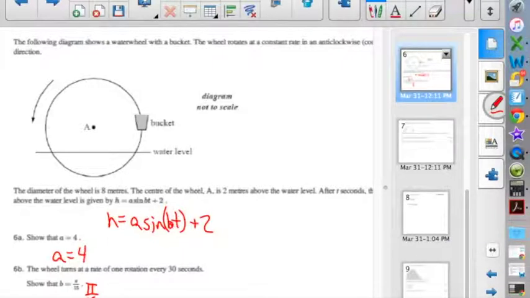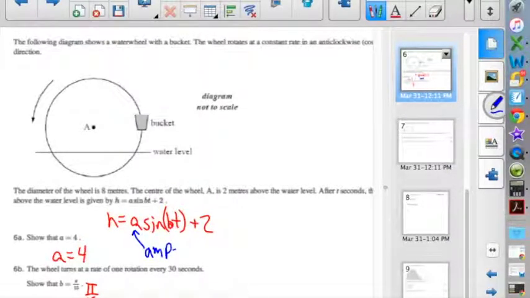What does A represent in relation to the trig function here? Distance from the center. Good, also known as the radius on the circle. Also known as what for the sine curve? The amplitude. There we go. This is our amplitude.